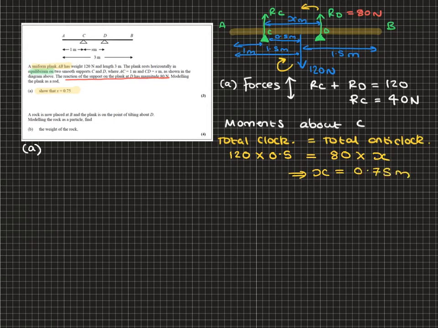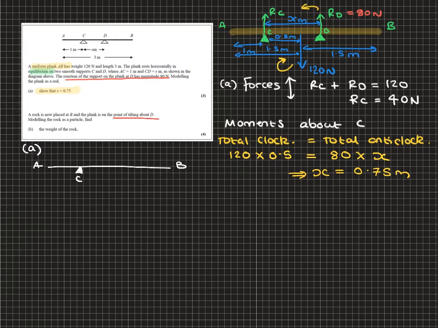Now, part B of the question, a rock is now placed at B and the plank is on the point of tilting about D. Now, this is the really interesting part of the question. So I'm going to sketch another diagram very quickly. So here is my uniform rod, AB.